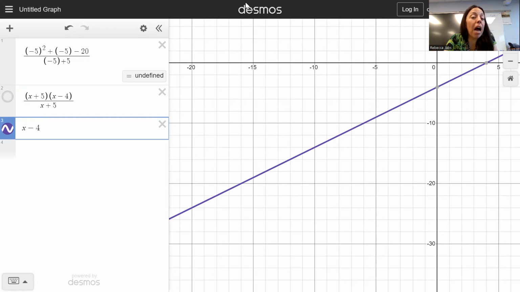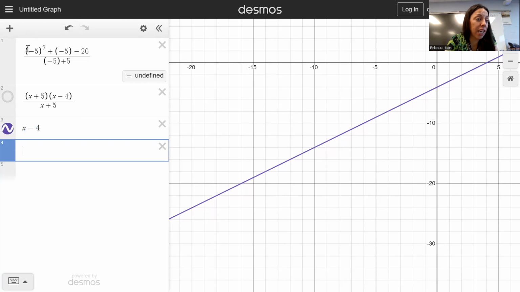But that means, remember, I was supposed to plug in -5. Can you plug in -5 to this problem and not have it say undefined like you did when you plugged in -5 up here? Yep, when you plug in -5, you get -9. And remember, originally when I was looking at all this, I kind of had that dot there and it said -9.